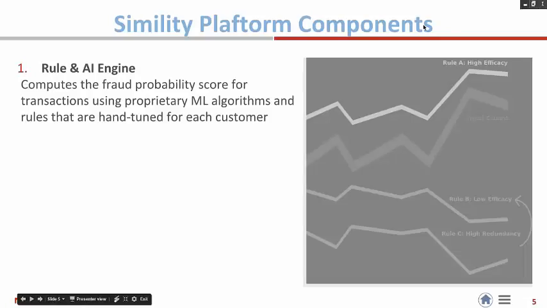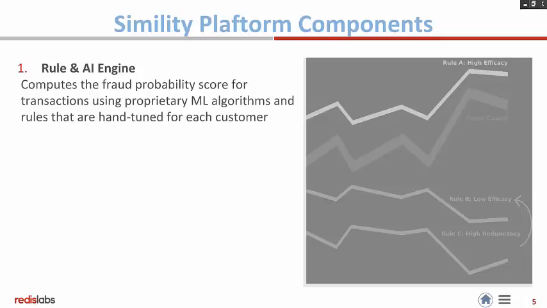So what is the Simility platform? We have three broad components of our platform. The first and most important component is our API, which is driven by our rule and AI engine. This rule and AI engine is the main part that computes the fraud probability score for every transaction that we receive.